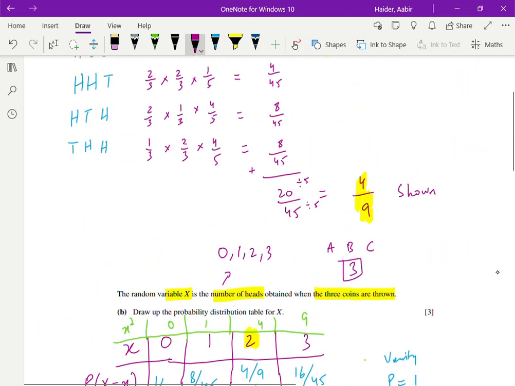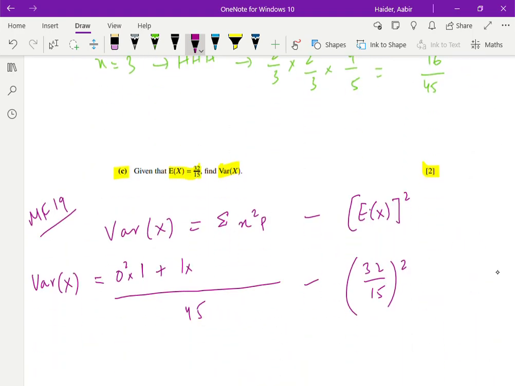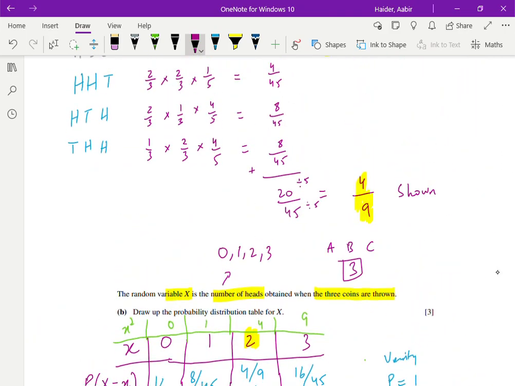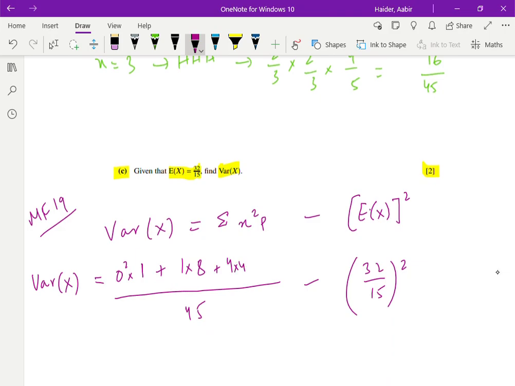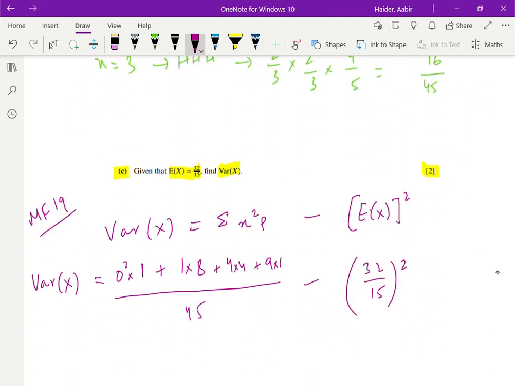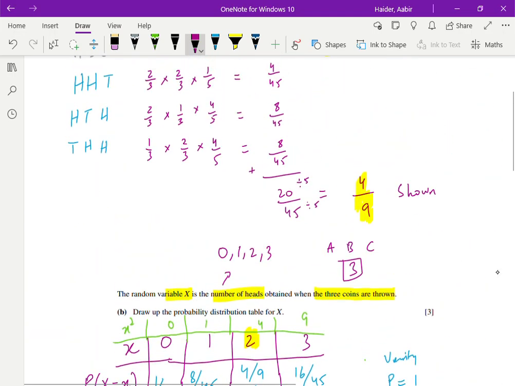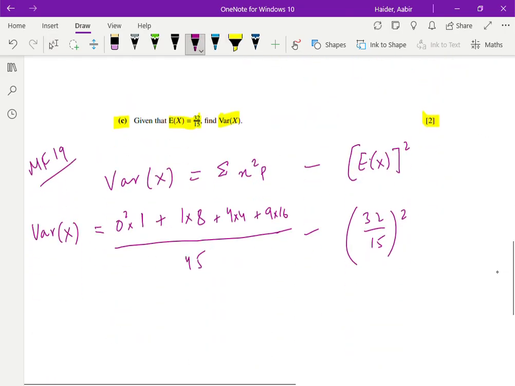Okay, and then this is 1 times 8 over 45, sorry, 8, only 8, and then you have 2 squared with 4, or 4 with 4, and then you have 9 with 16. I hope you are clear. I'm picking up these values here: 0 with 1, 1 with 8, 4 with 4, and 9 with 16, right? And then you can use your calculator to come up with the correct answer.